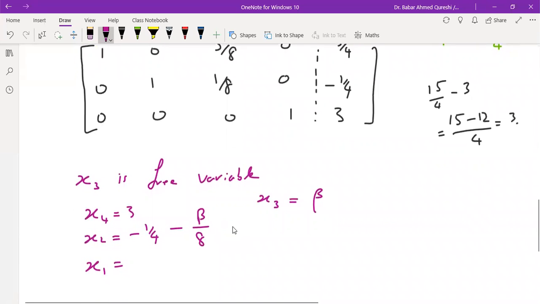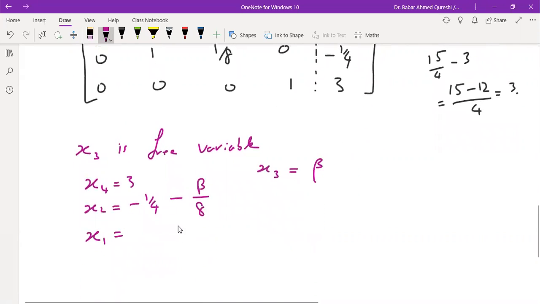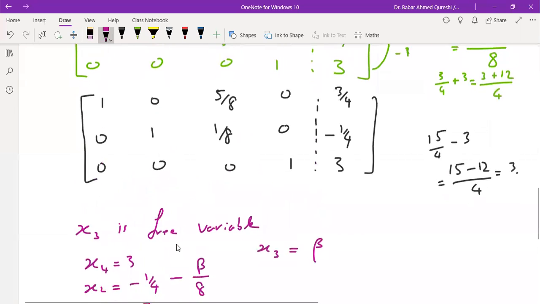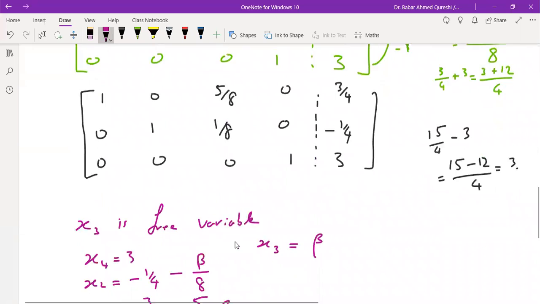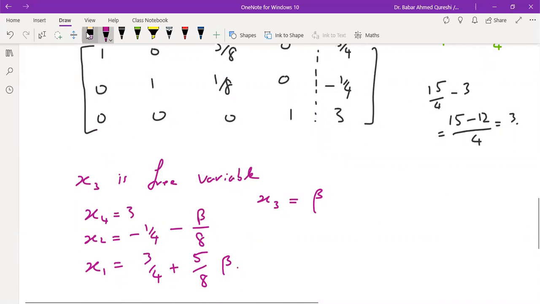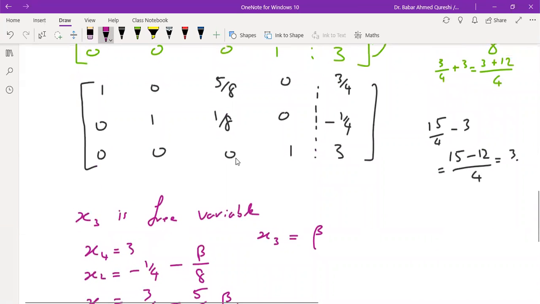And X1 is 3 by 4 plus 5 by 8 beta, not plus, minus. So from the Gauss-Jordan form, reading the solution is trivial.